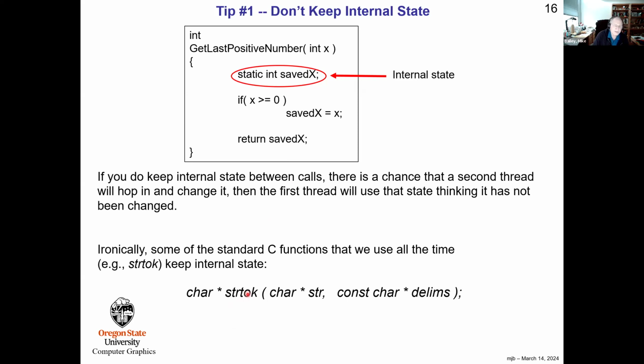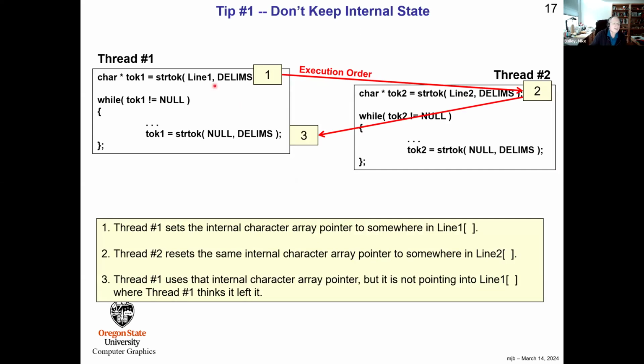What strtok does is break up a string into tokens. When you do this, you give it the name of the string and the delimiters, what will separate the tokens, usually tabs and blanks. It gives you back the pointer to the first token.